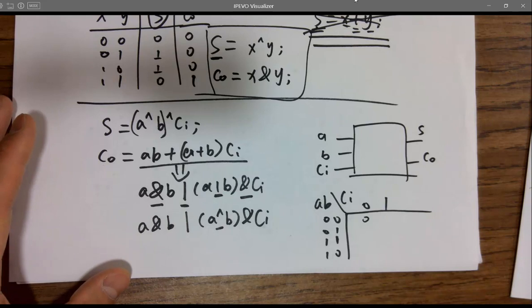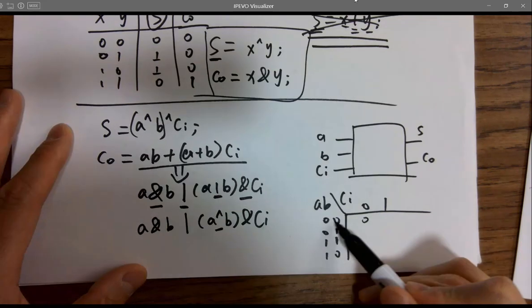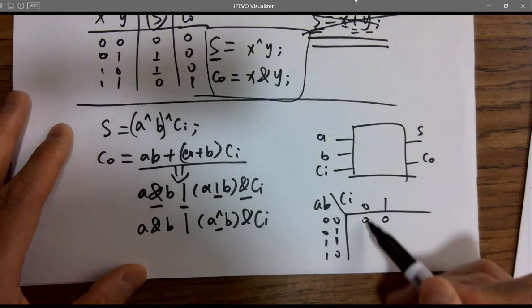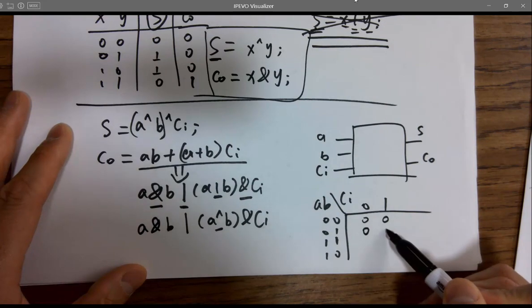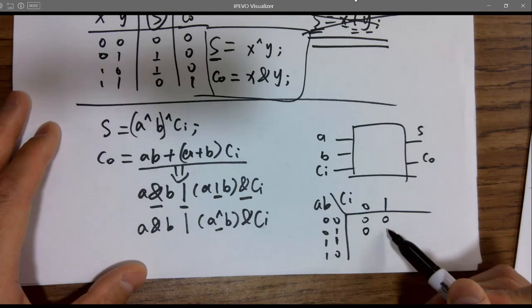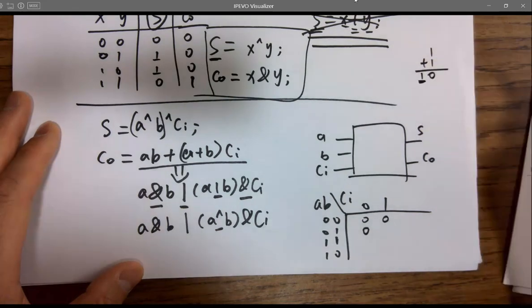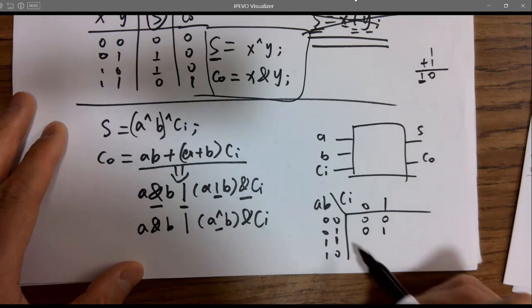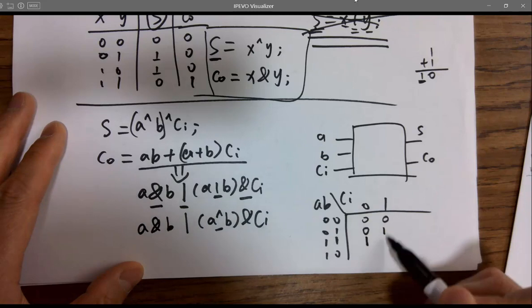Are we getting that? Is that clear? Yeah, good. 0 plus 1 is 0, right? 0 plus 1 plus 0 is 0. 0 plus 1 plus 1. So 1 plus 1, you've got to carry out, right? 1 plus 1 plus 0. 1. 1 plus 1 plus 1.